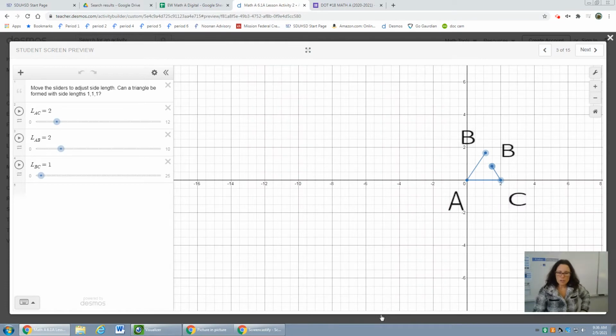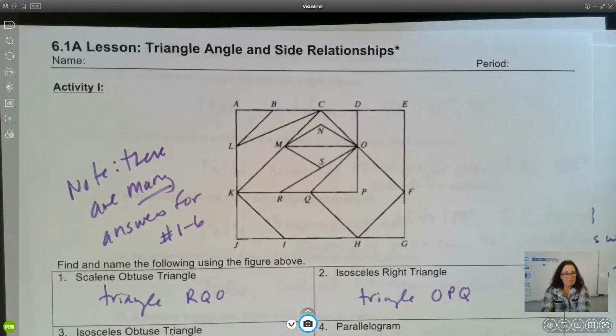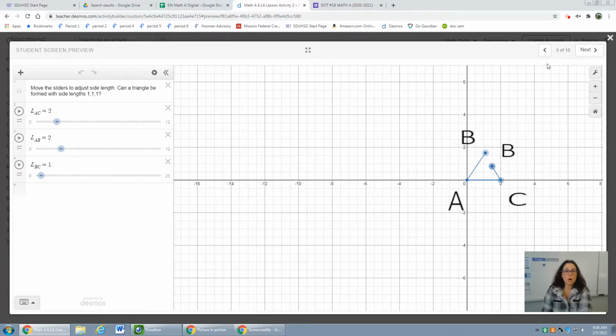All right, so you guys, we're going to be kind of flipping back and forth between our lesson notes that we've already done the first half on and the second part of it that I want to show you digitally. So this screen that you're looking at right now goes with this page right here.